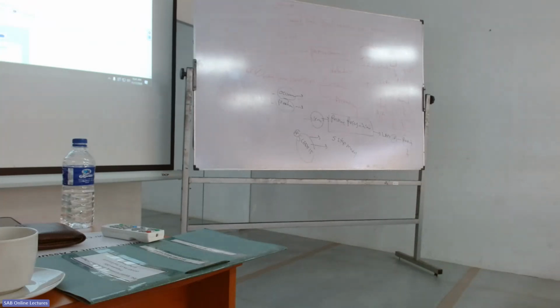Determine the transaction price. Allocate the transaction price between performance obligations. Recognize the revenue according to the fulfillment, the satisfaction of the obligation. These are the 5 steps of the model.